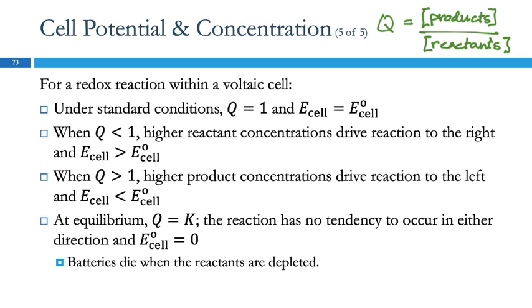At equilibrium, Q is equal to K. At equilibrium, the reaction doesn't want to do anything. It's like, this is where I've been trying to get to. I'm good. And so the cell potential is 0, because it's not going to go forward or reverse. Electrons are not going to move.